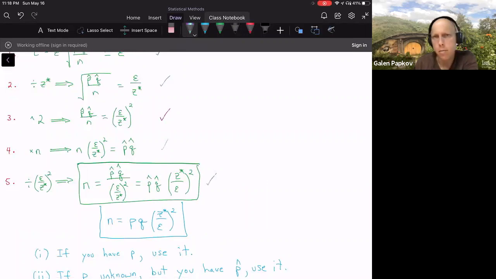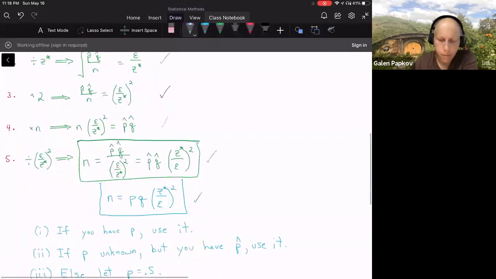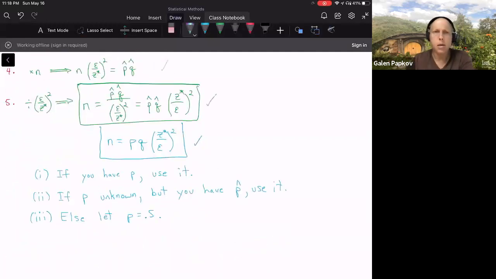Now, if you happen to read the book or look at the formula sheet, you're not going to see hat over the p and q. You're going to see it like the box in blue. It's a small change, but here is what you would do. If you happen to know p, then use its value. In practice, you wouldn't know it, because if you knew it, why would you want to try to estimate it?